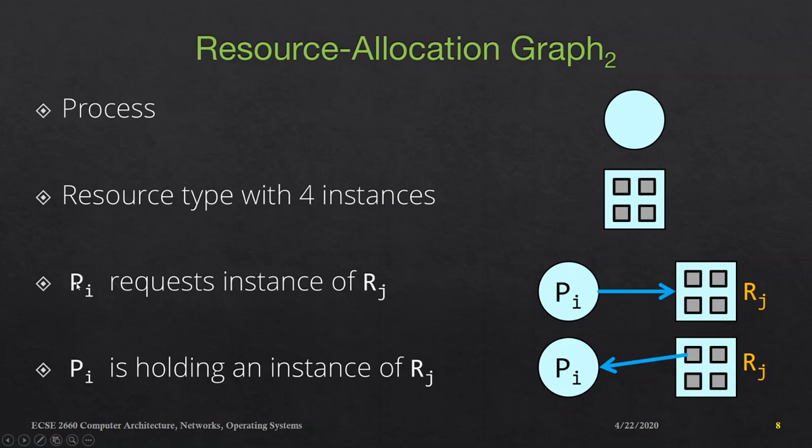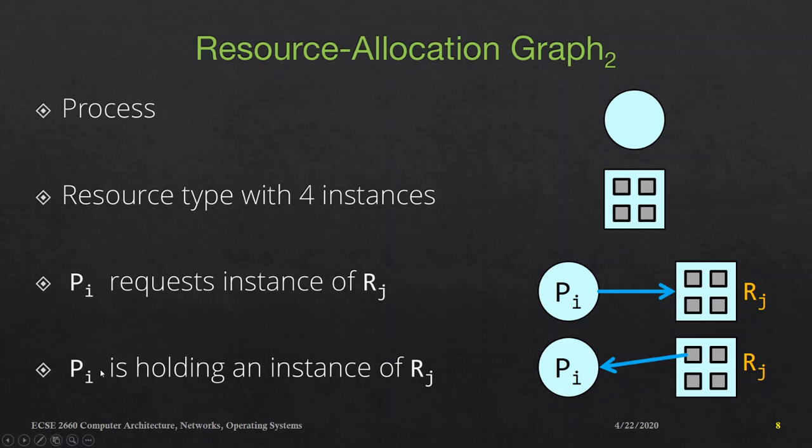Next we have the request edge. So when the ith process requests an instance of the jth resource type, then we draw the request edge from the process to the particular resource type. In this case, the jth resource type. So the request edge goes from the process anywhere to the resource type anywhere.